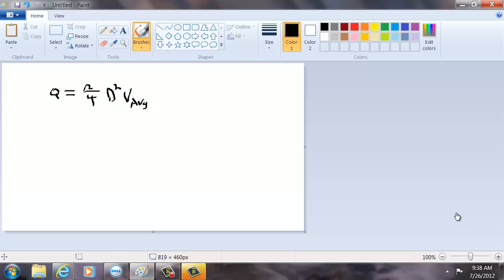And these factors include pipe diameter, average velocity, fluid density, fluid viscosity, pipe roughness, and the friction heating per unit mass. This equation here, Q, is the volumetric flow rate. It's equal to pi over 4 d squared diameter multiplied by the average velocity. And this will give us our volumetric flow rate.